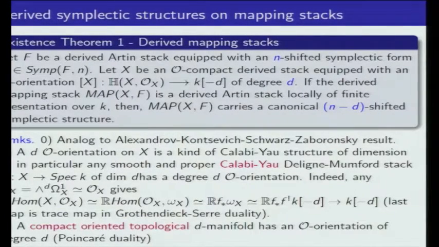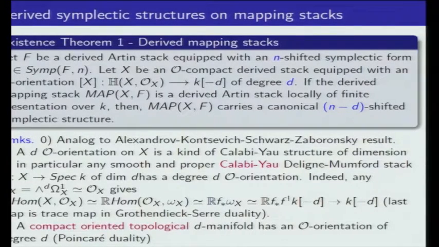Okay, those were easy examples of derived Artin stacks that have shifted symplectic structures. But let me give three more general existence results. The first theorem is in these slides. It's an analog of what is called the AKSZ theorem in the physics literature. Let me state it like this. Consider the derived mapping stack from X, where X can be a Calabi-Yau of dimension d, or a compact topological oriented space of dimension d.